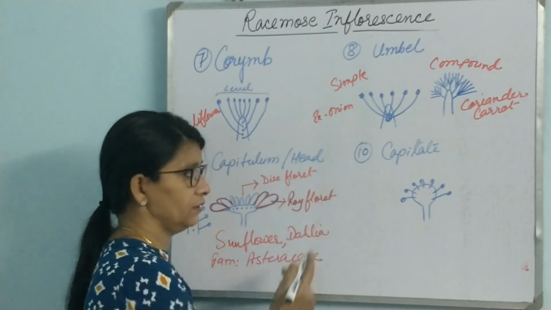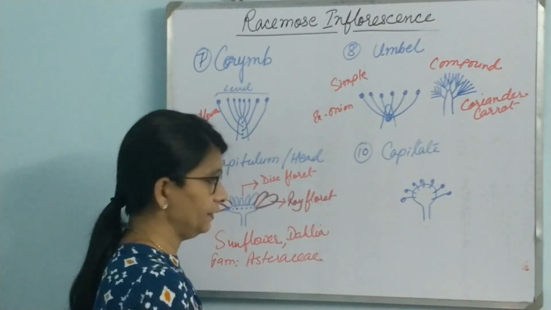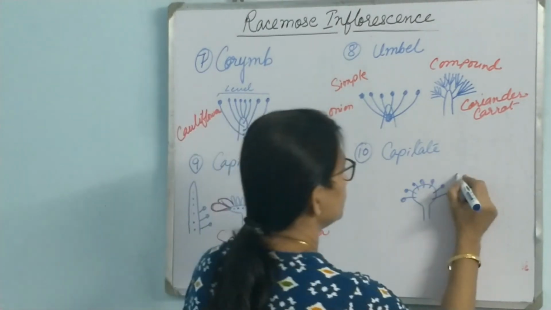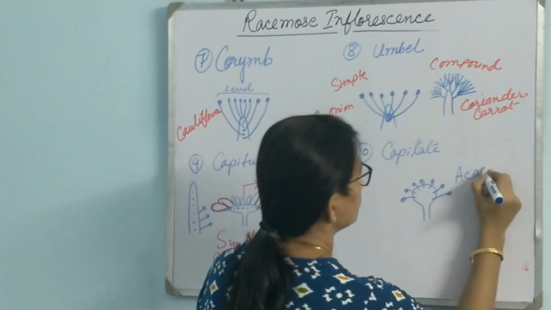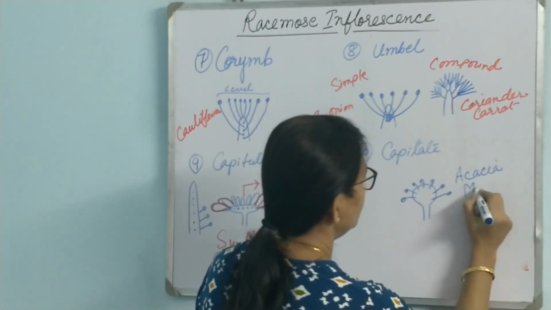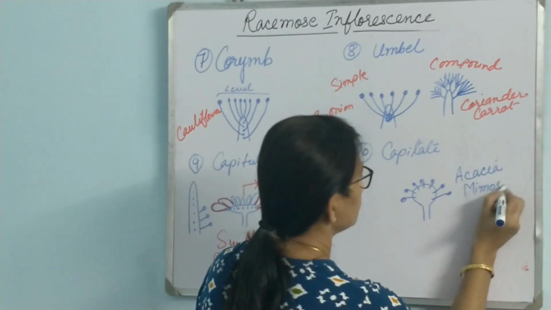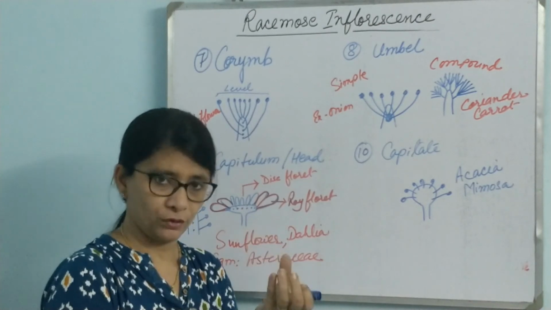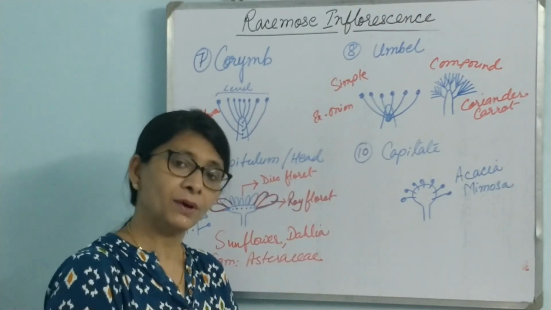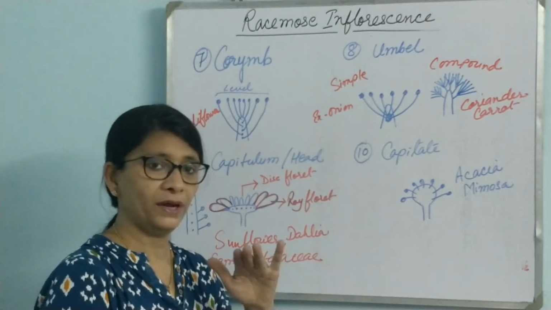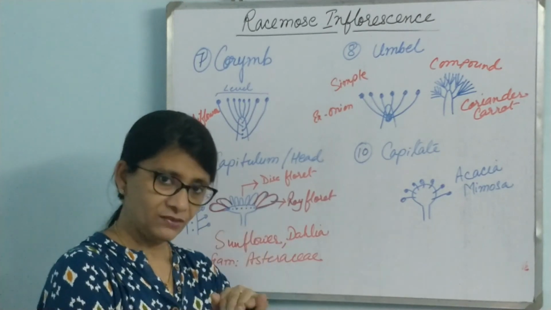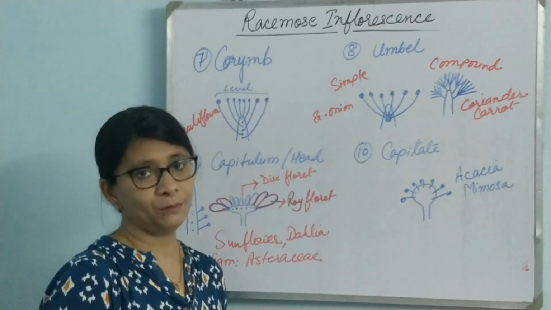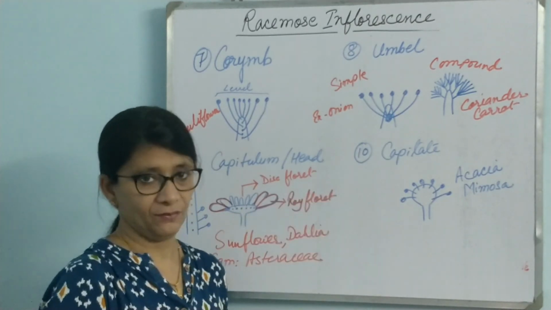This is seen in acacia, then mimosa, where we get small ball-like inflorescence, isn't it? That is nothing but racemose type of inflorescence, where the capitulum is suppressed into a ball-like structure and the flowers are arranged therein, and that type of inflorescence is known as capitate inflorescence.